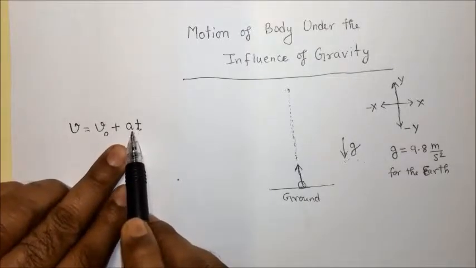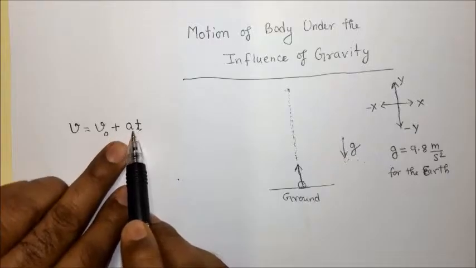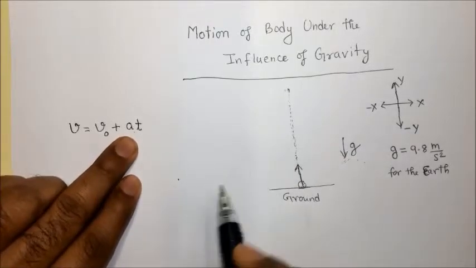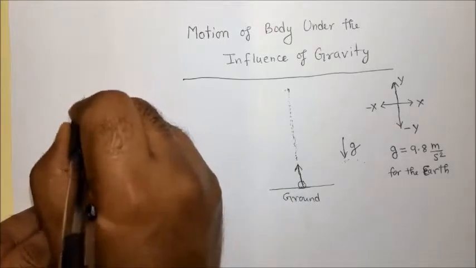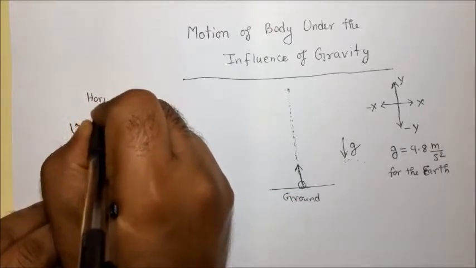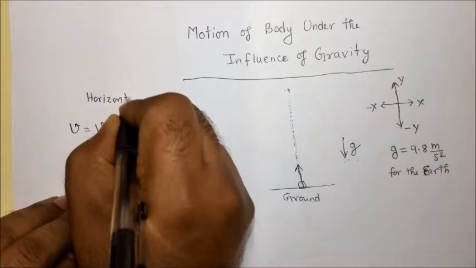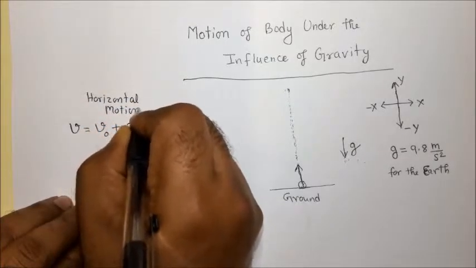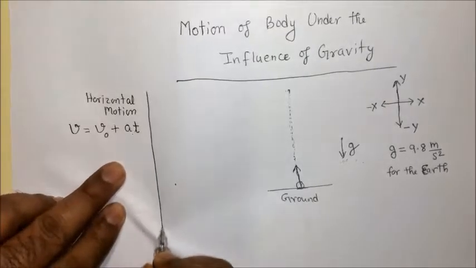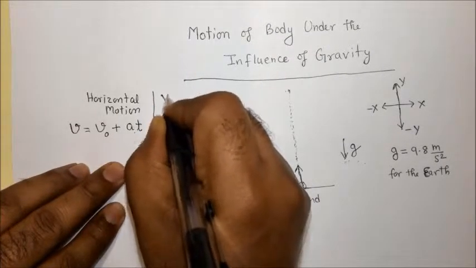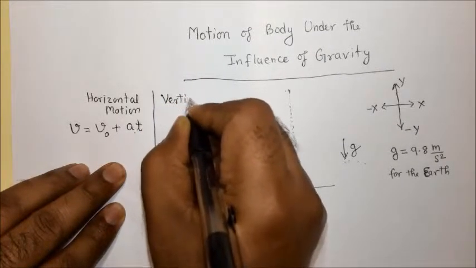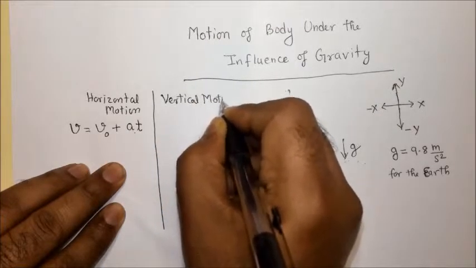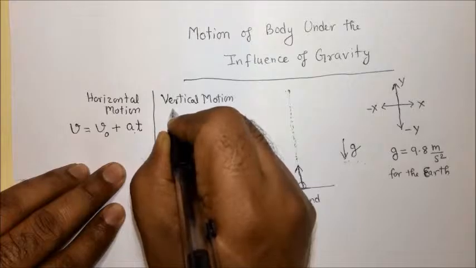In vertical motion, A becomes minus G. So let's write it for vertical motion in gravity.